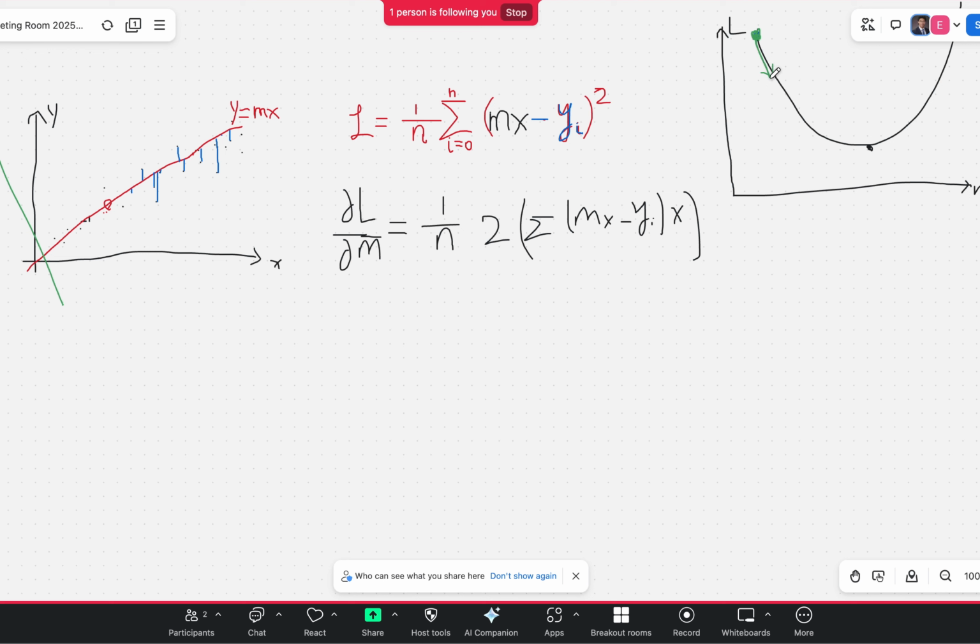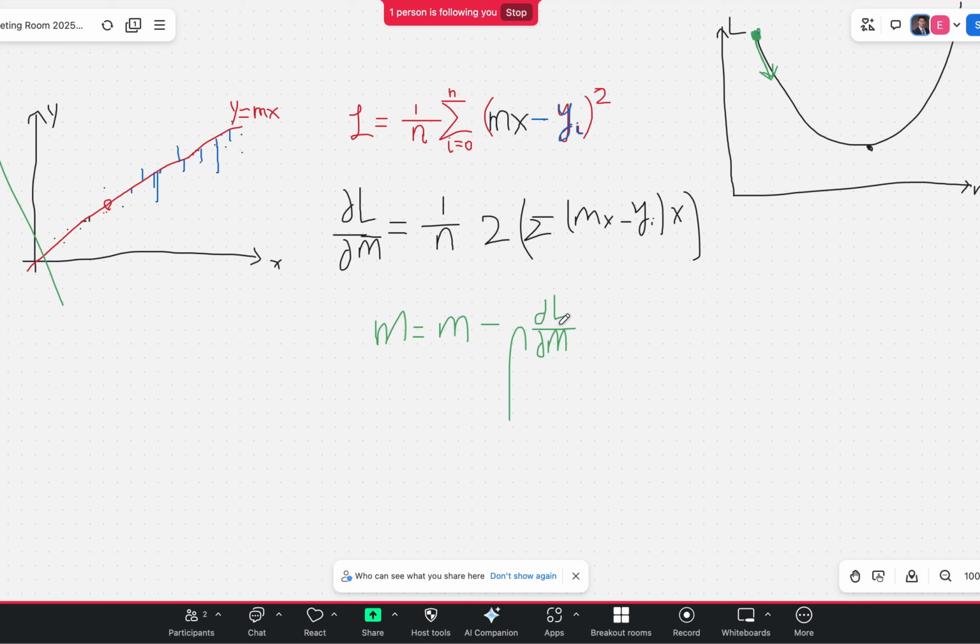This is called gradient descent. Do you remember gradient descent? Yeah, I remember him mentioning it. Yeah. So this is called gradient descent. And gradient descent is just m equals m minus eta, the Greek symbol here, times delta L over delta m.